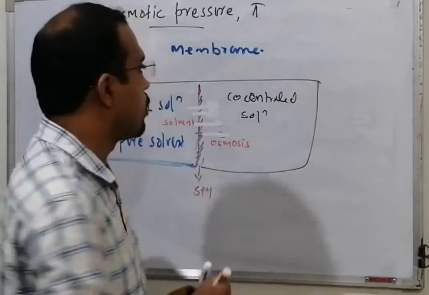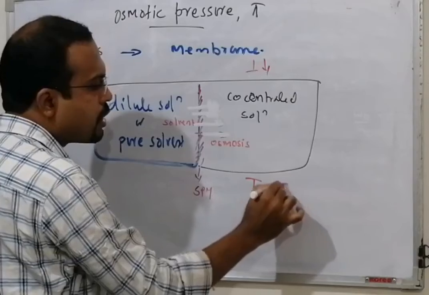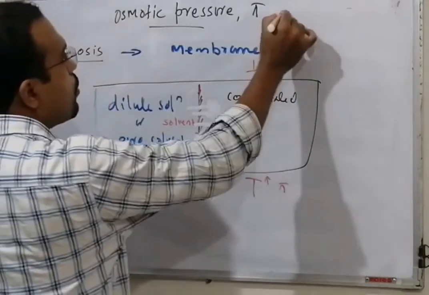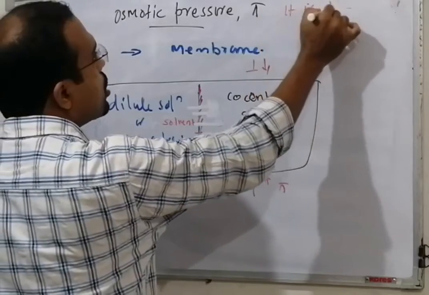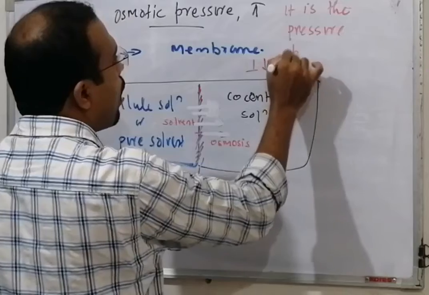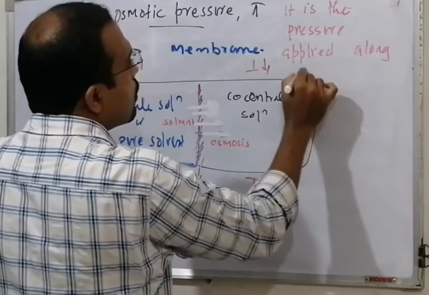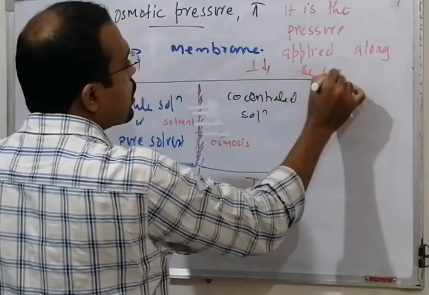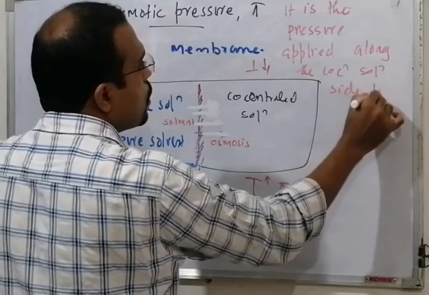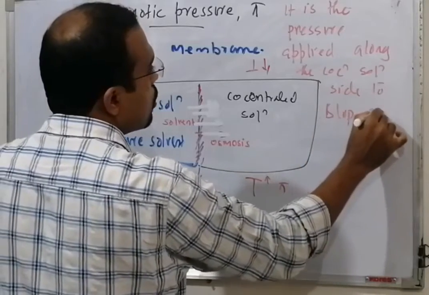No movement of water because of that pressure. That pressure is called osmotic pressure. What is osmotic pressure? It is the pressure applied on the concentrated solution side to stop osmosis.